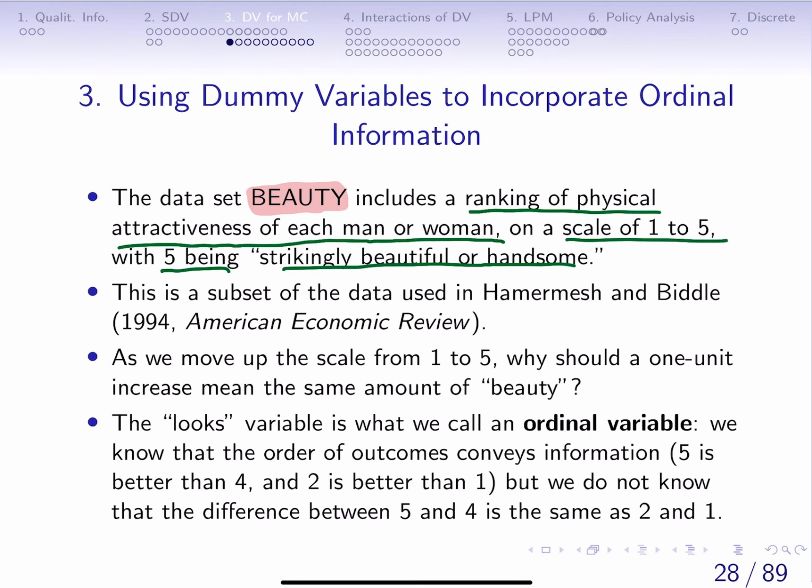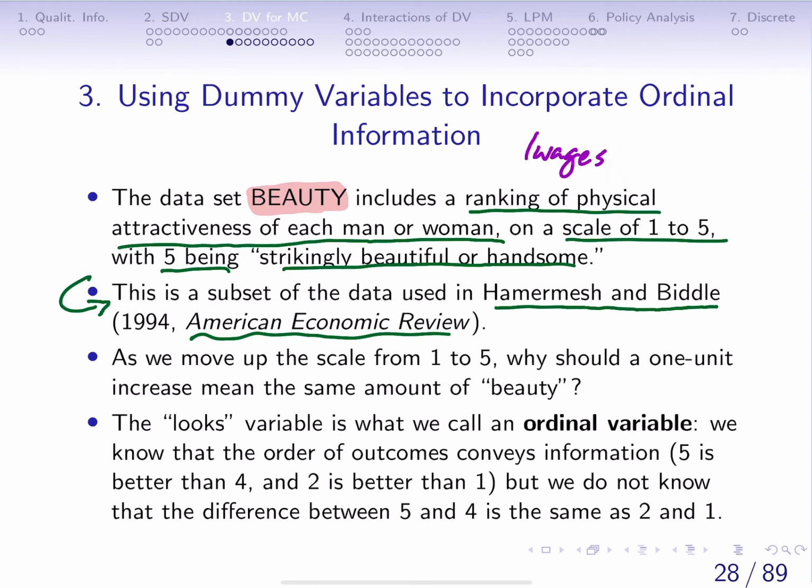This data set is a subset of the data that was used in Hamermesh and Biddle's article in 1994 that was published in AER. Now, the idea here is if we were to regress, let's say, log of wages on this variable called looks, which takes a value of 1 to 5, moving up on the scale from 1 to 5, the coefficient on looks would capture that.